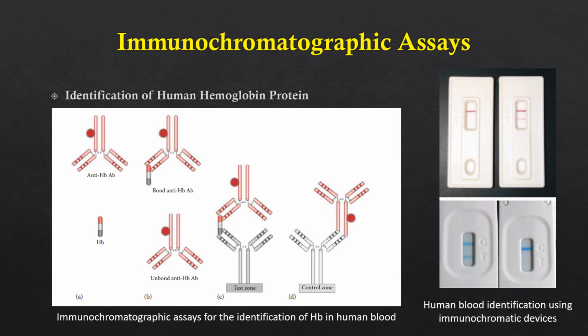It can also give a positive if you introduce a semen sample or vaginal sample or buccal swab sample. Even if such samples are introduced into the sample well, you will get a positive result. That means there are certain possibilities of getting a false positive result. So like that this particular reaction can be seen.